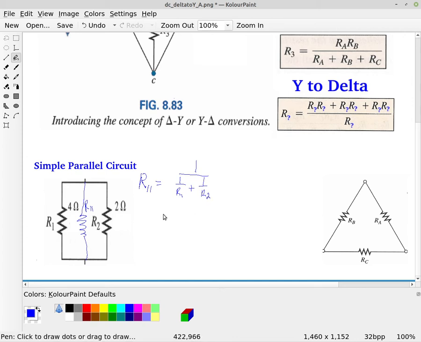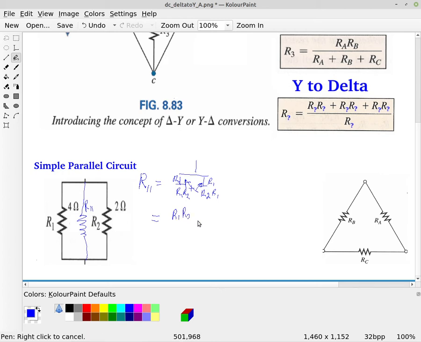Now, if we do a little bit of algebra on this and get a common denominator, we could multiply by R2 over R2 on one side and R1 over R1 on the other side. Then we rearrange this and we end up with a special case of parallel resistors.